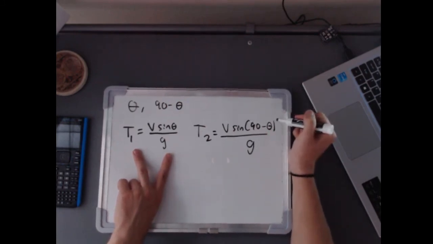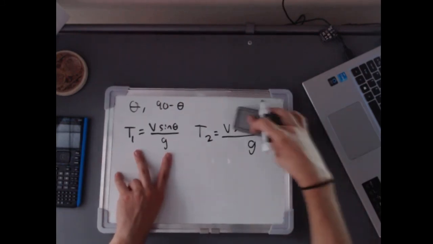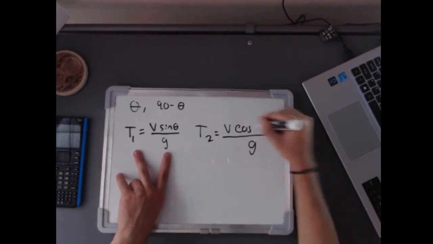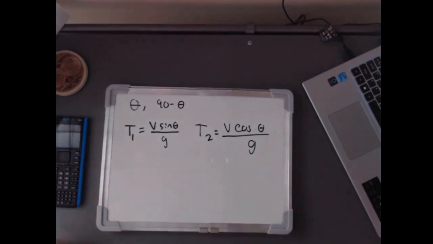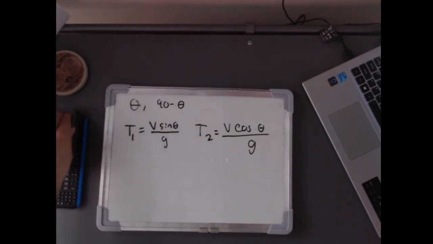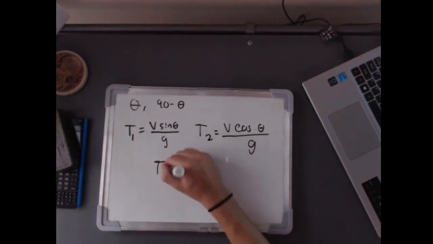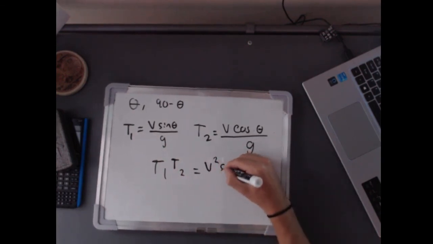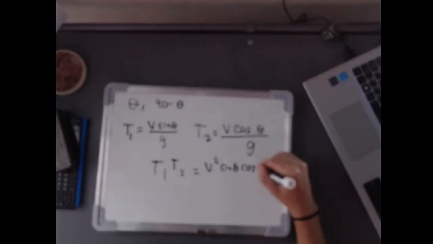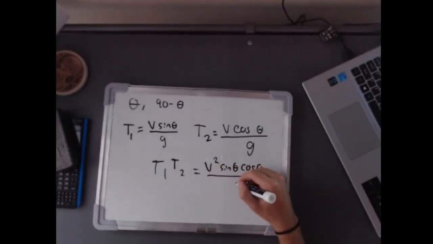Sine of 90 minus theta, if you know your trigonometry, is equal to cosine of theta. I find trigonometric identity problems a little cheap because who knows all of them, but that's probably because this is the second time I'm recording this, because the first time I got the answer massively wrong. T1 times T2 is equal to v squared sine theta cosine theta over g squared.